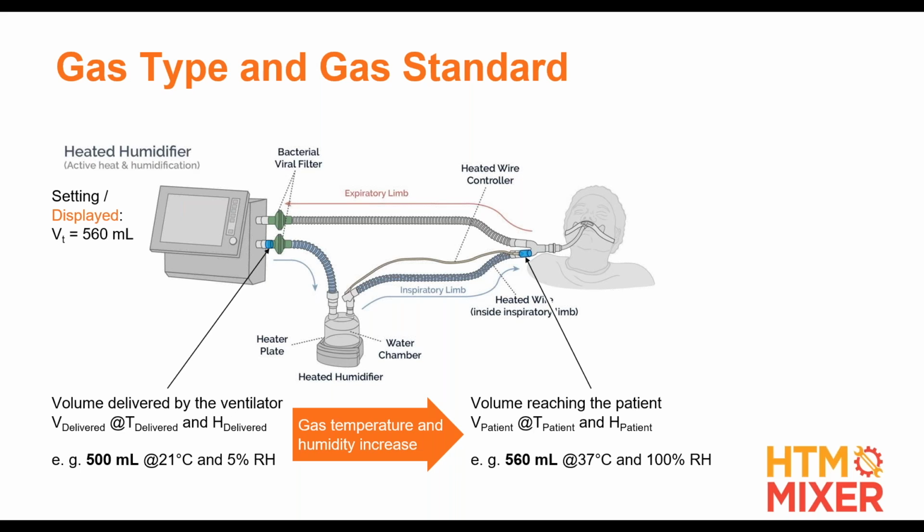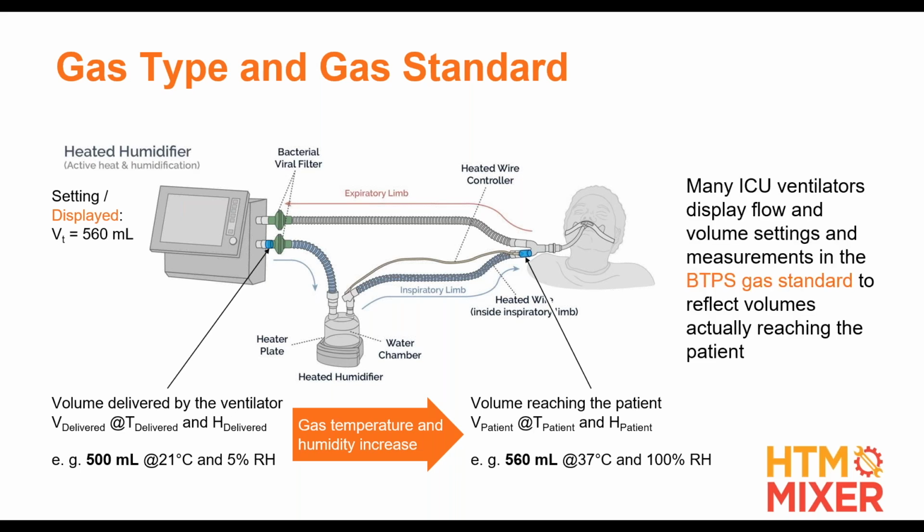Some ventilator manufacturers take that into account, and their ventilators display in something called BTPS, right? So on the screen, what you would see for your setting and your measurement from the ventilator would be something more like 560 mils. The ventilator itself is really putting out 500, but by the time it gets to the patient, it is the BTPS standard now.